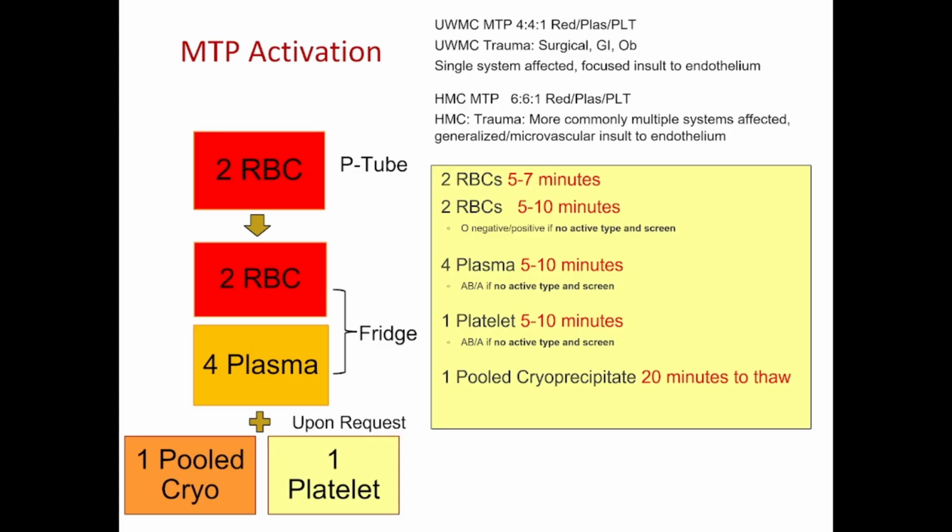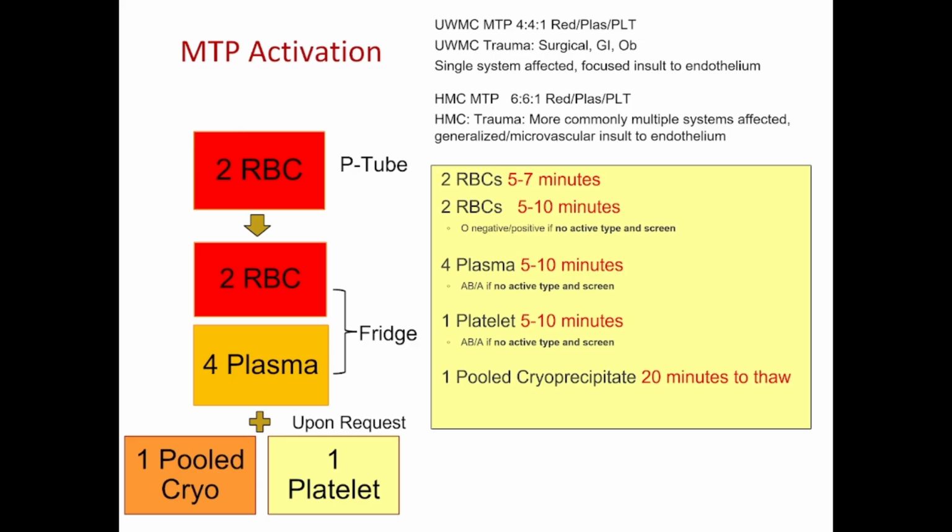Again, just a quick summary for MTP activation. UW Montlake MTP is 4 red cells, 4 plasma, and 1 platelet, and we have to order the platelet yourself, and you have to let us know about the platelet. For Harborview Medical Center, the MTP is 6 units of reds, 6 of plasma, and 1 platelet.